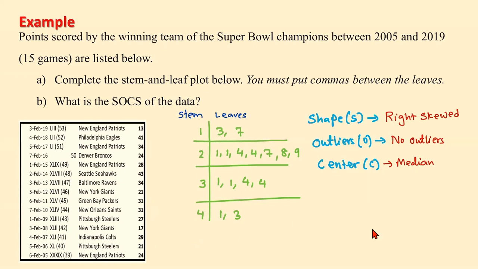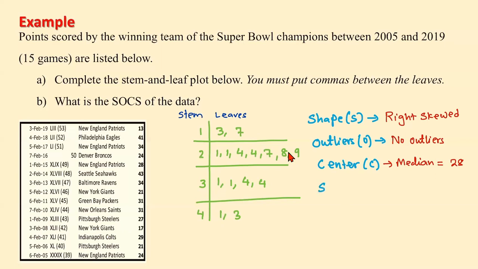If there are 15 numbers in a row, the eighth number will be in the middle, with 7 below and 7 above. So if you count 1, 2, 3, 4, 5, 6, 7, 8, this is in the middle because there are 7 numbers smaller and 7 numbers larger than that. That is the median, which is 28. So the center is 28. That is C.